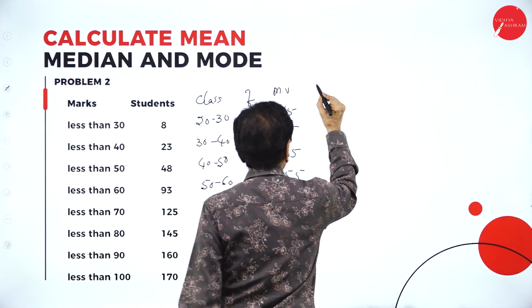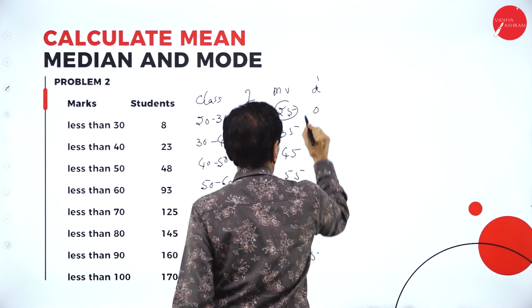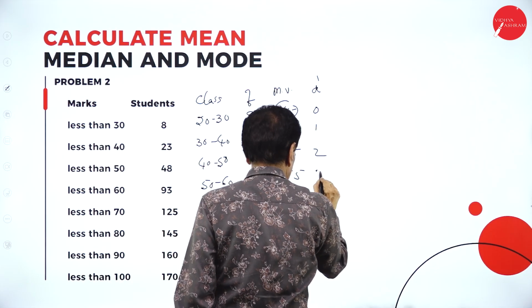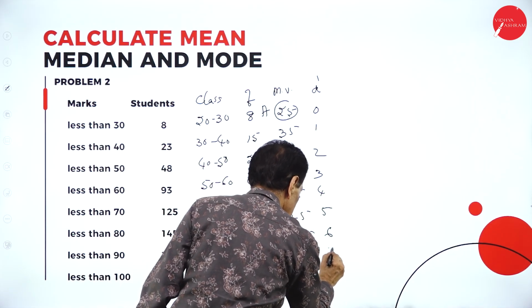Then, what is the next step? D dash: first number as 0, 1, 2, 3, 4, 5, 6, 7.